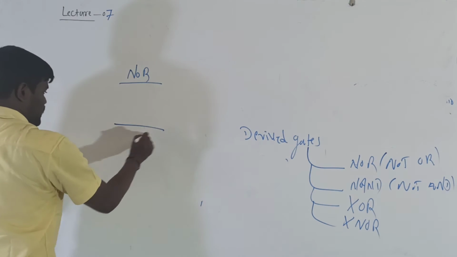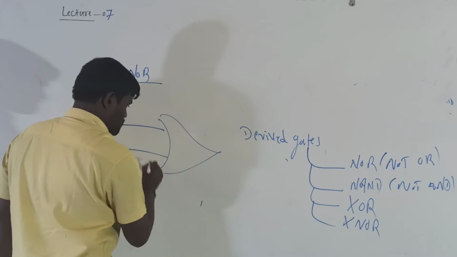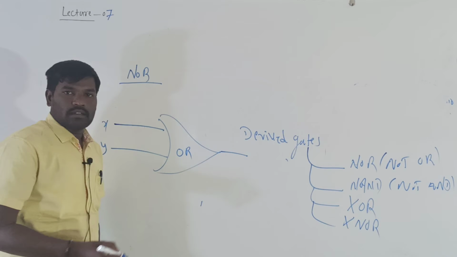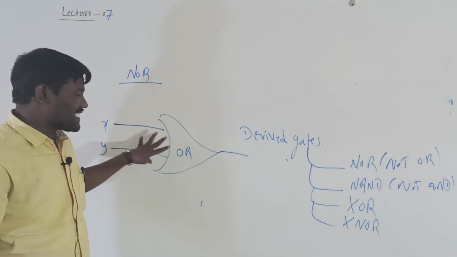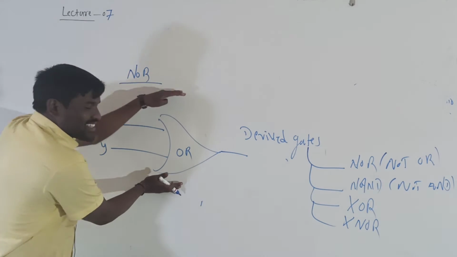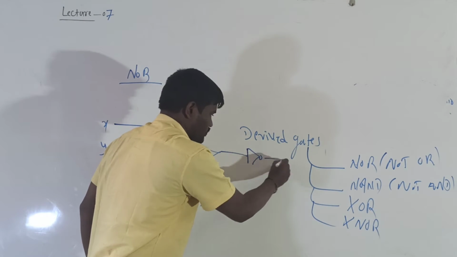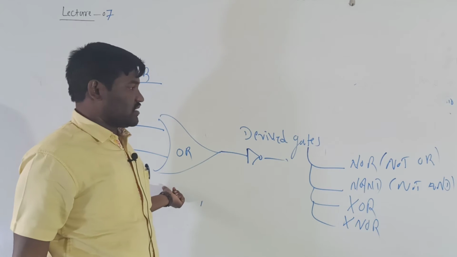First I can draw the OR gate, like this. Not of OR means after drawing the OR gate you apply the inverter. That is not of OR gate.